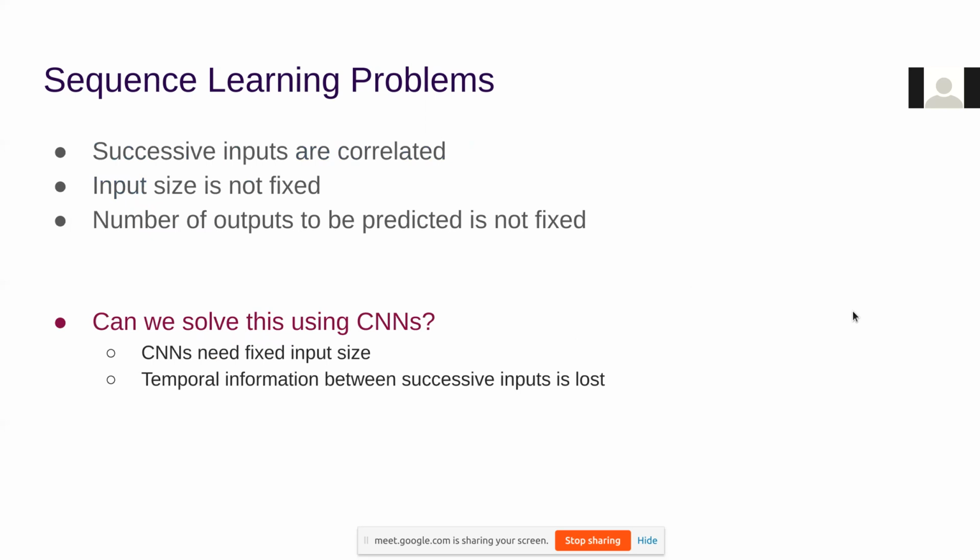The question which now arises is, can we solve this problem using CNNs, which we have been seeing so far in our lectures? The issue with a CNN is that it requires a fixed input size. Whenever you give an image, it is always of fixed dimension. If we give an image of a dog to a convolutional neural network, we get the output that the class is dog.